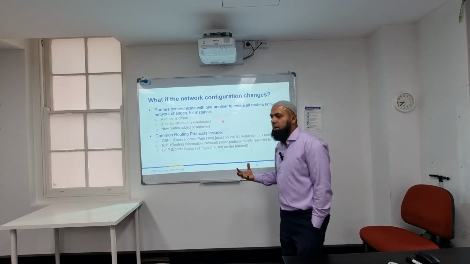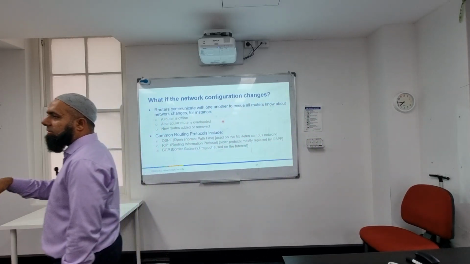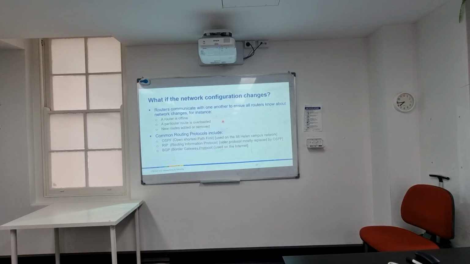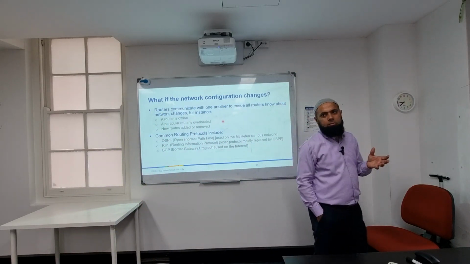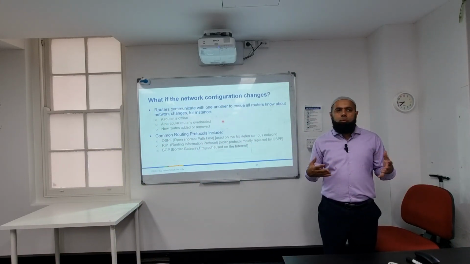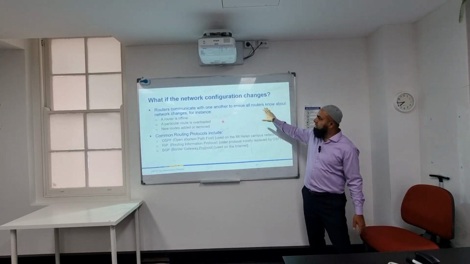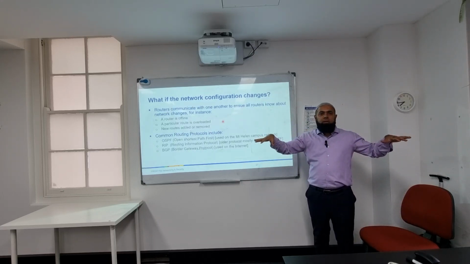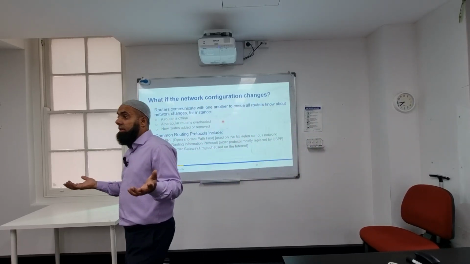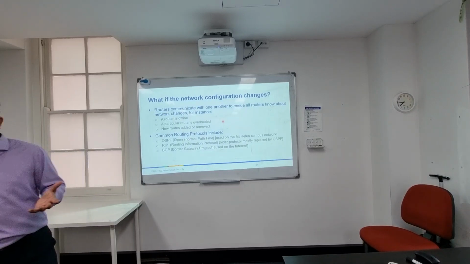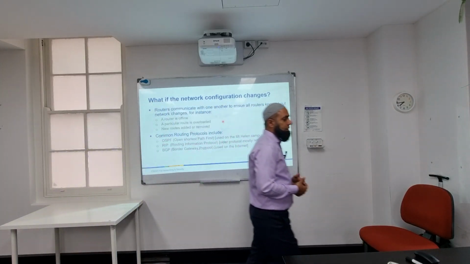It's a similar thing to the road networks of Australia: if some road work is going on, they keep telling other people to change their path, don't come there because the work is going on, to minimize congestion, so no more people come to the same point. So basically, routers of different networks have their routes. It means we can say it's a network of routers as well, which are talking with each other.